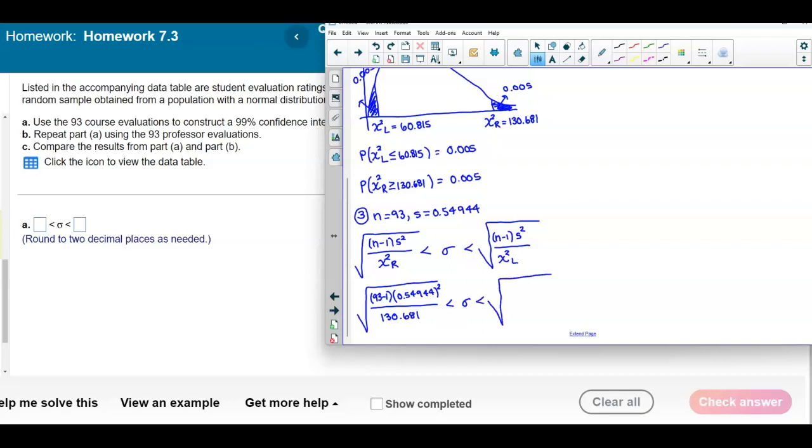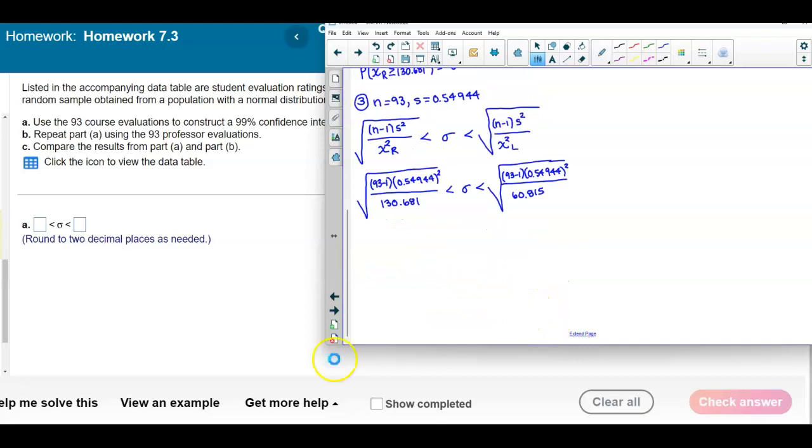And over here we have 93 minus 1 times 0.54944 squared over the critical value on the left, which is 60.815.